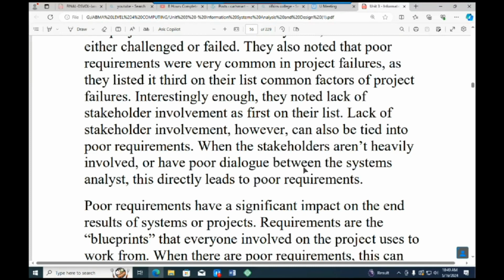Now we can also tie this poor involvement, or lack of involvement, of the stakeholders to poor requirements, because if you involve the stakeholders, you're going to get more clarity on what is required of the project. If you do not involve them, you're not going to get clear requirements.